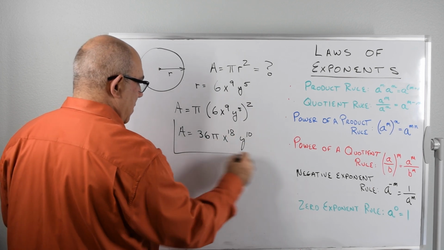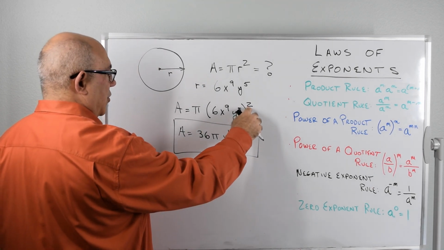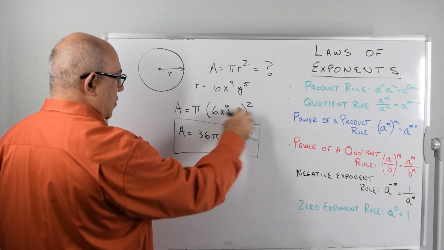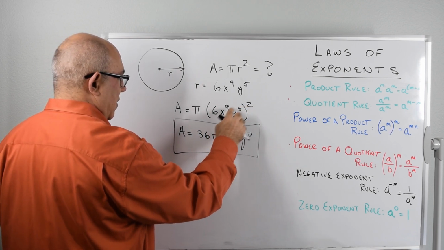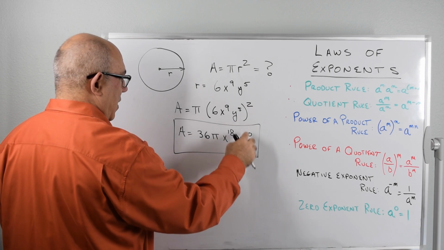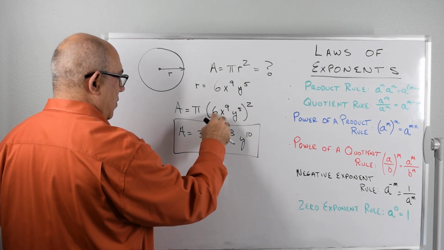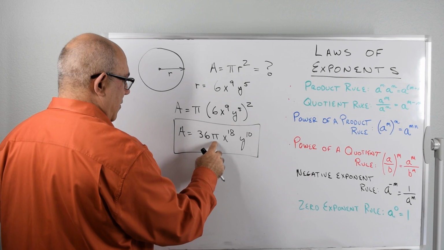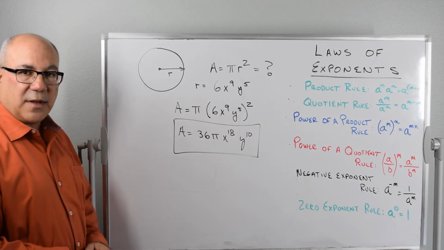And that's our answer. So in this case, we multiplied through and we squared every term. We squared x to the 9th, we get x to the 18th. We squared y to the 5th, we got y to the 10th. We squared 6 and got 36. And don't forget the pi. Okay, so that's it.